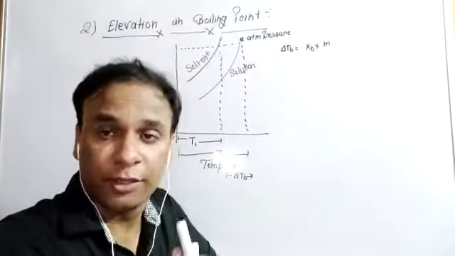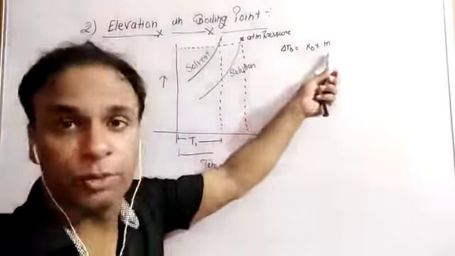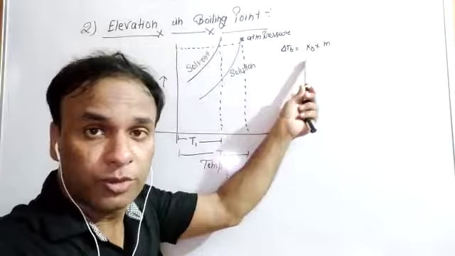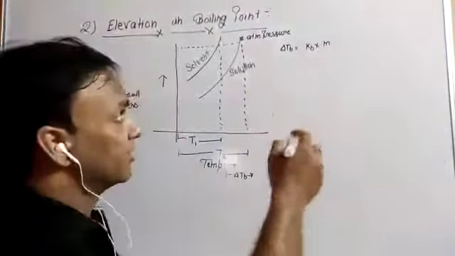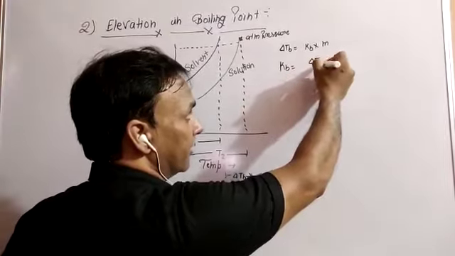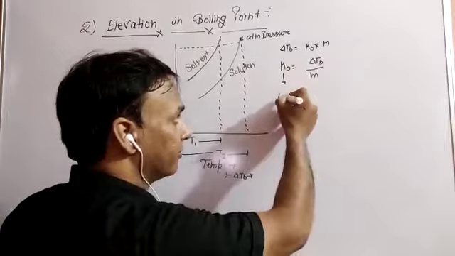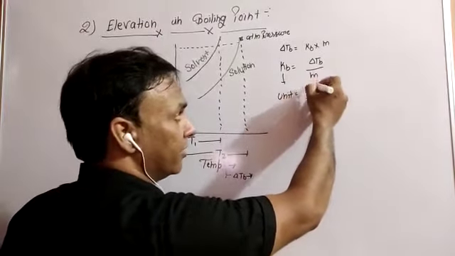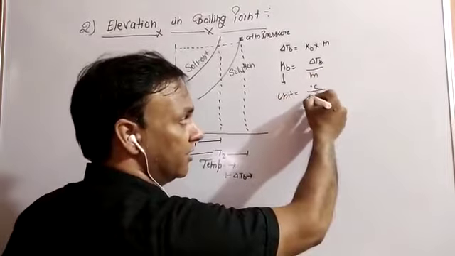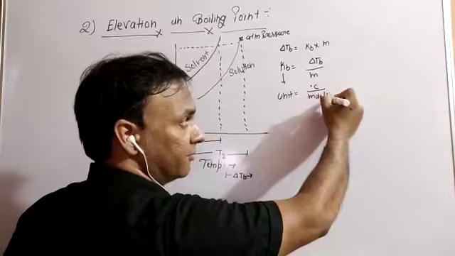When we discuss the unit of the molal elevation constant, we know that delta TB equals Kb into m. Kb is called the molal elevation constant, also known as the ebullioscopic constant. Means Kb is equal to delta TB upon m. So when we talk about the unit, delta TB is in degree Celsius and the unit of molality is mole per kg.